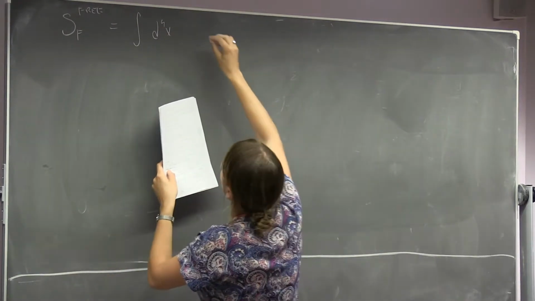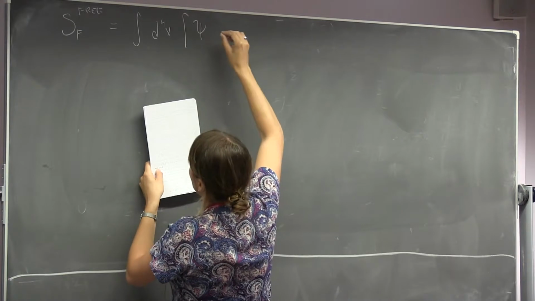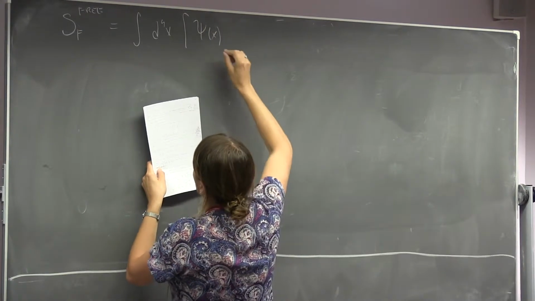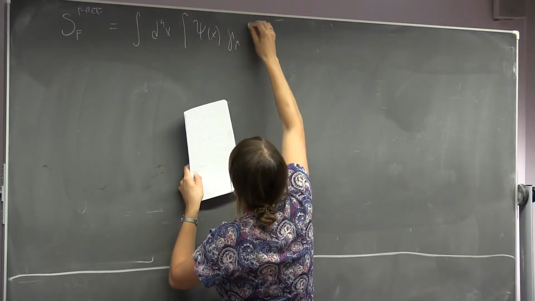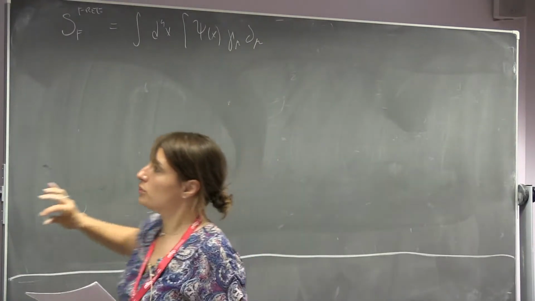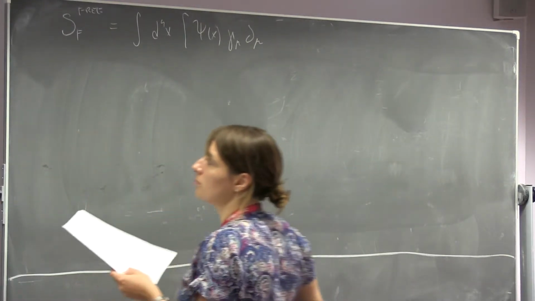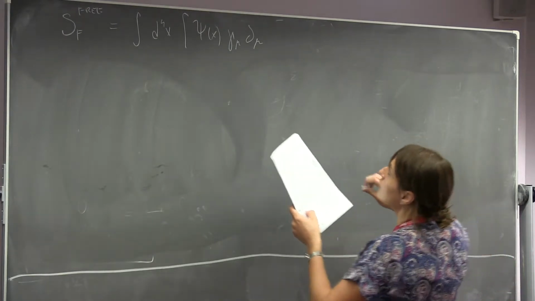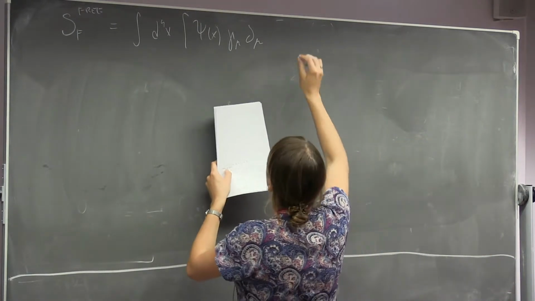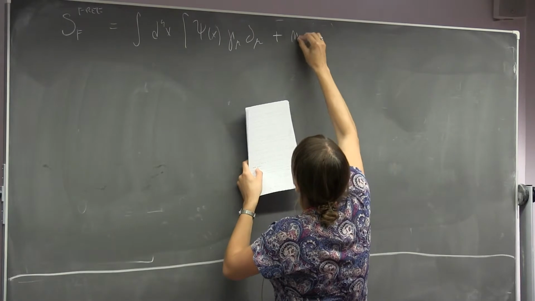So we have the integral d4x, psi bar of x, gamma mu D mu, this first term of the Dirac matrix, plus m0, psi of x.